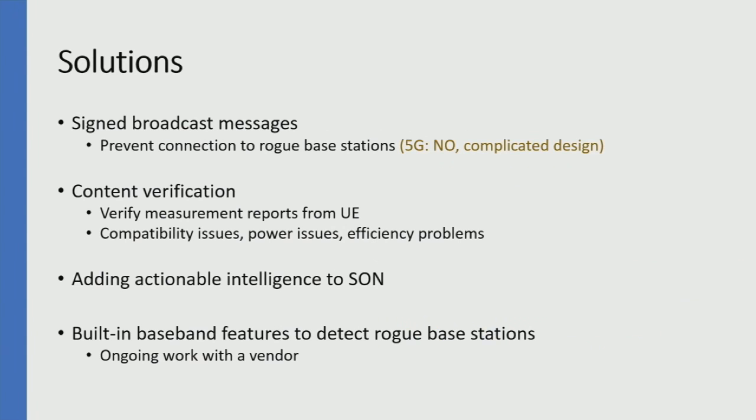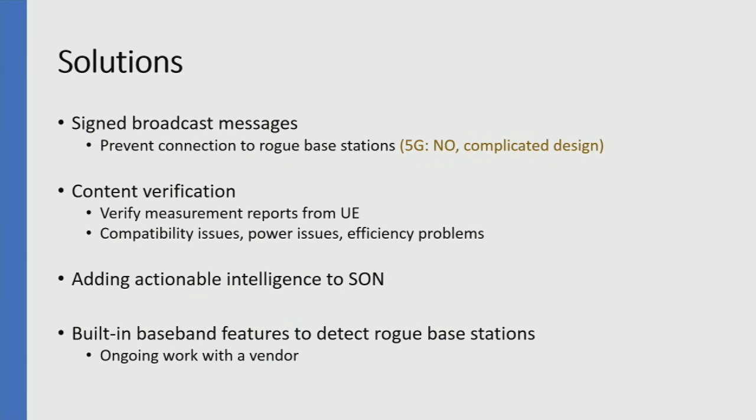So, some solutions. The best solution would be to create authentication of these broadcast messages, because these broadcast messages are trusted by every phone, and that's how it connects to each base station. But this is a very complicated solution, and it could not even happen in 5G, for obvious reasons.